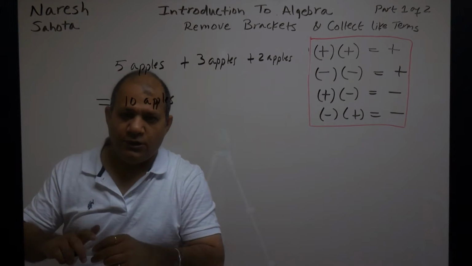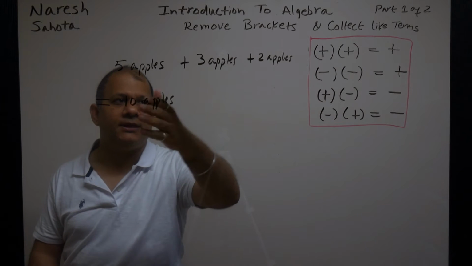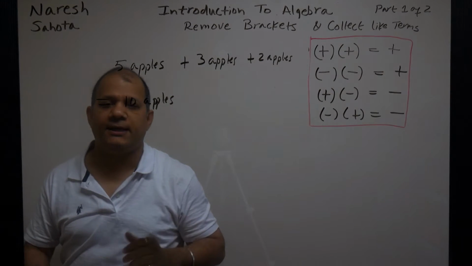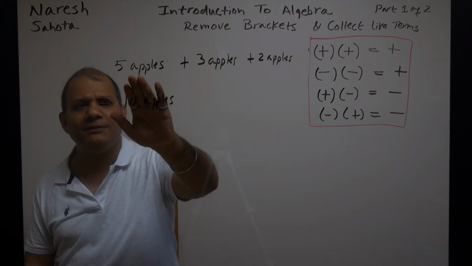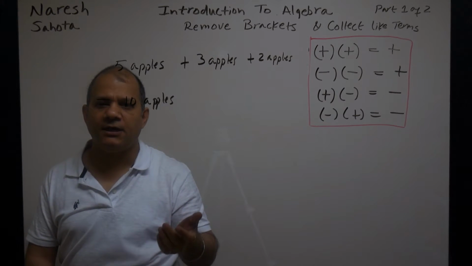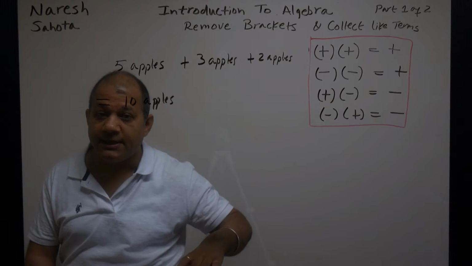So there's nothing weird about it. We're simply adding apples. 5 apples, 3 apples, 2 apples, they add up to 10. Now the question is, do I really need to write apples every time? It's time consuming. So is there a better way to represent it? Yes, there is.